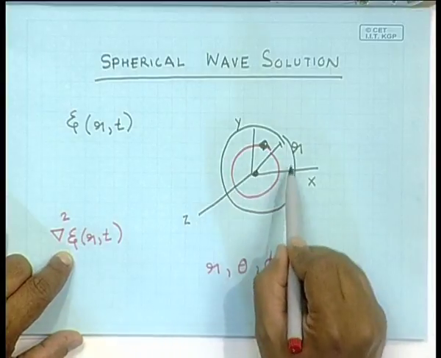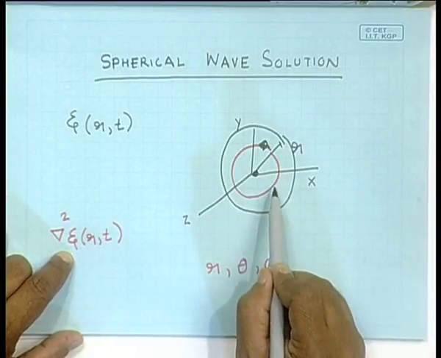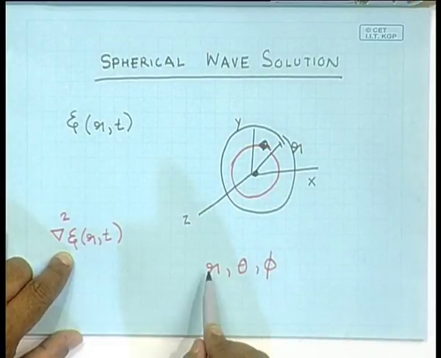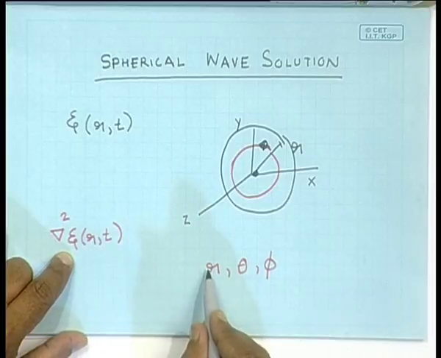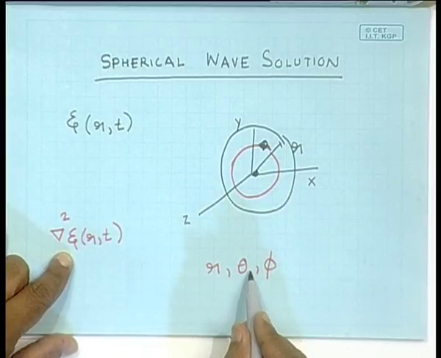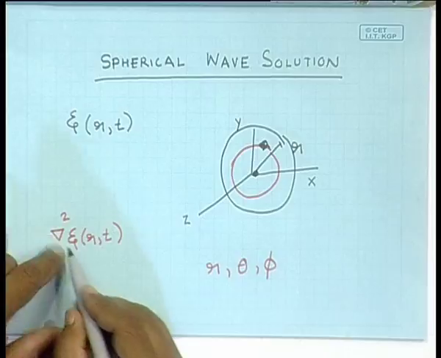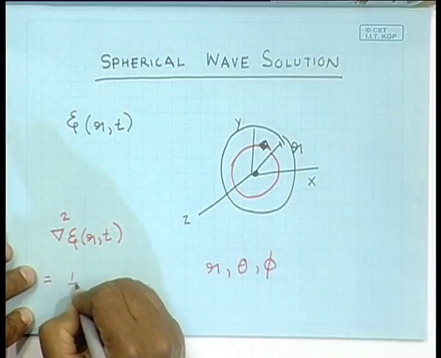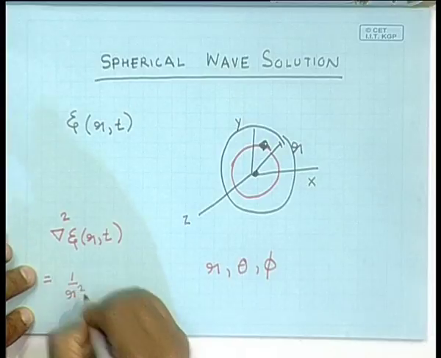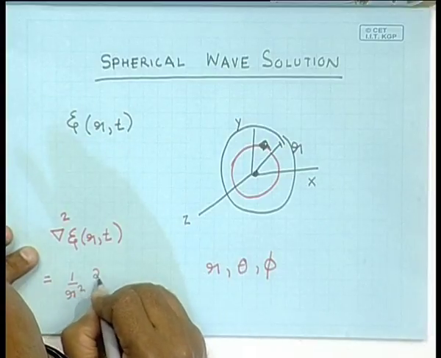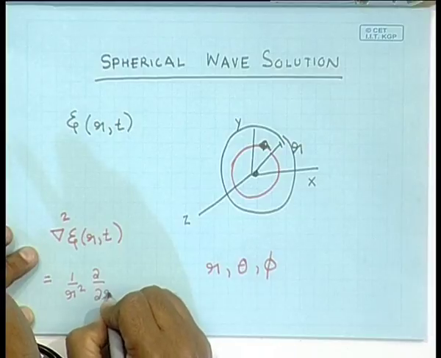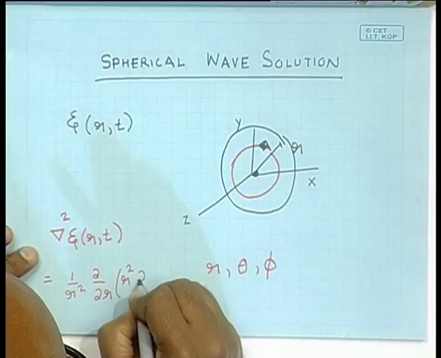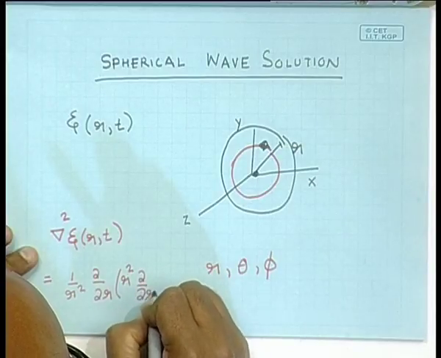Theta and phi refer to different points on the sphere. We have assumed that xi has a constant value on the sphere. So it is only the r derivatives that we have to retain. We can ignore the theta and phi derivatives in the Laplacian, and if you retain only the r derivative, the Laplacian is 1 by r square, partial derivative with respect to r, of r square partial derivative with respect to r of xi.